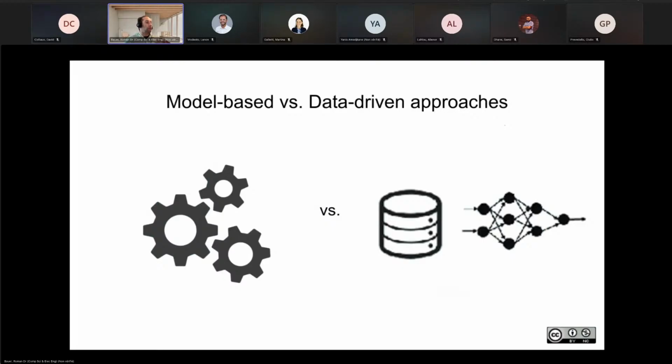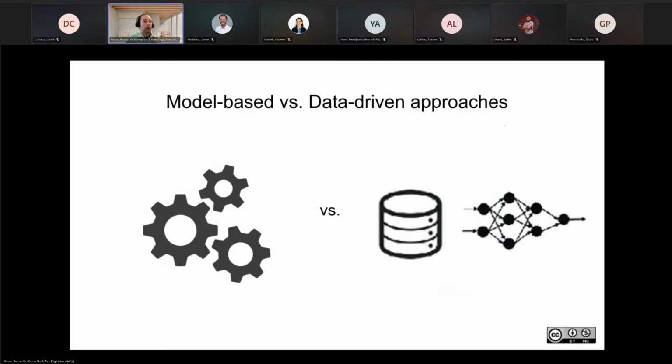So we have already some kind of knowledge that we incorporate into this computational model in order to mechanistically capture the dynamics.